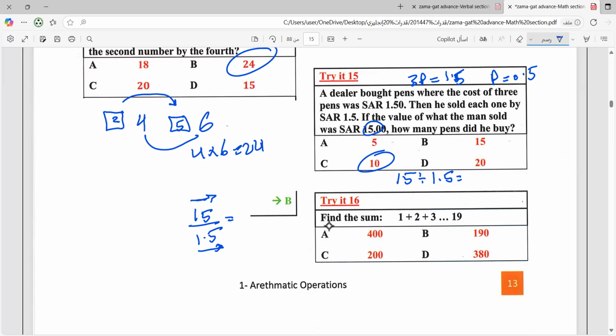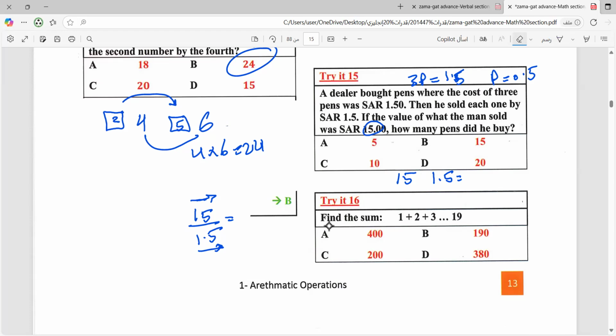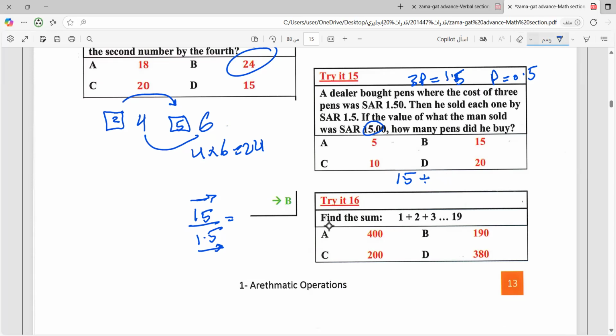It should be more, right? He sold 10, so the number he bought must be higher than 10, so the answer is not 10. We divide 15 by the price of a pen, 0.5.